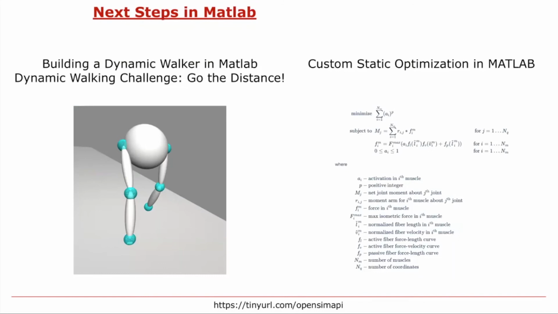That reminds me of a study that some OpenSim researchers used a while ago to perform a Monte Carlo sensitivity analysis to observe which model parameters have the greatest effect, I think, on muscle activity. And I think they used the MATLAB API to conduct that study.